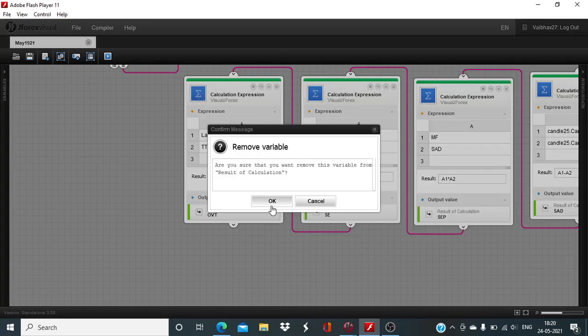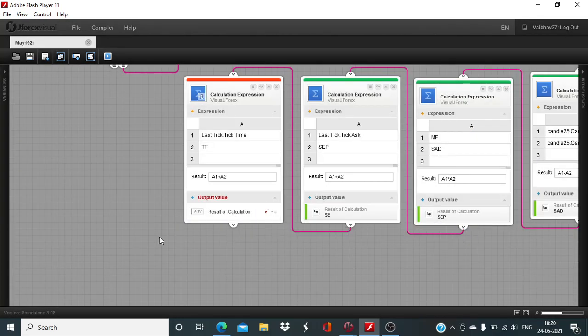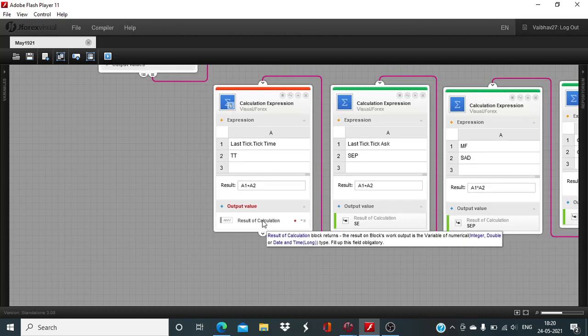I forgot, this is the data type which I created last.